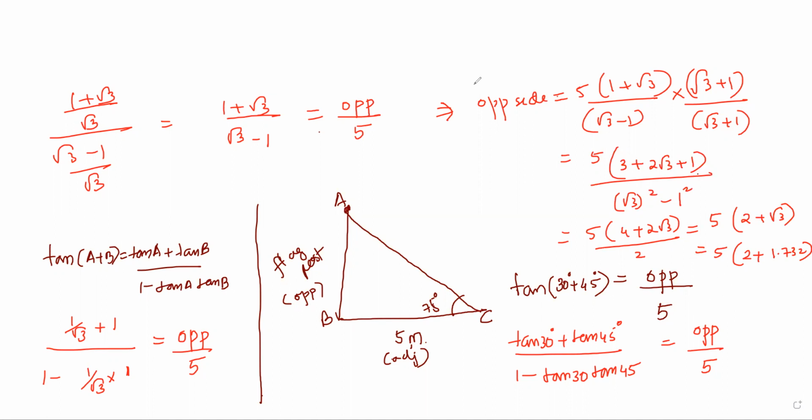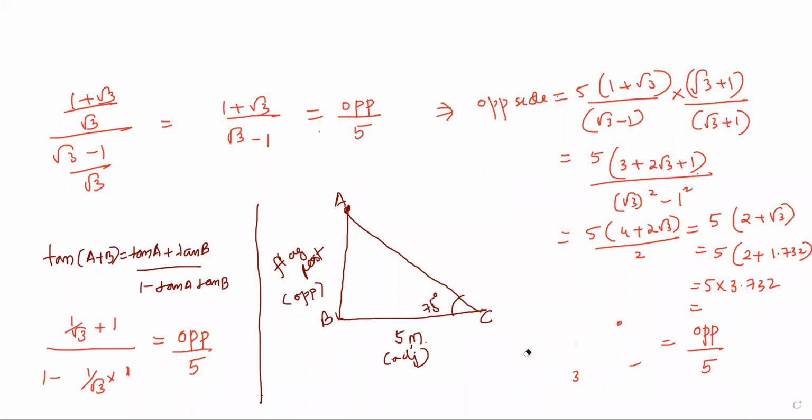So this will become 5 into 3.732. So you have to find the approximate value they are asking. So 5 into 3.732, that would be 18.660. 18.660 meters, which we can round as 19 meters, because they're asking approximate value.